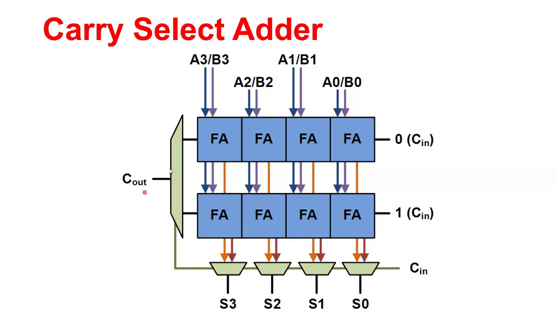Similarly, for the C out, the final stage depends on whether the carry is generated: this line gets connected, or if not, then this line gets connected. So the delay gets reduced. In the carry select adder, the carry does not need to propagate through all the stages. Rather, it just propagates intermediately, only when it gets generated, either at the beginning or at a later stage.